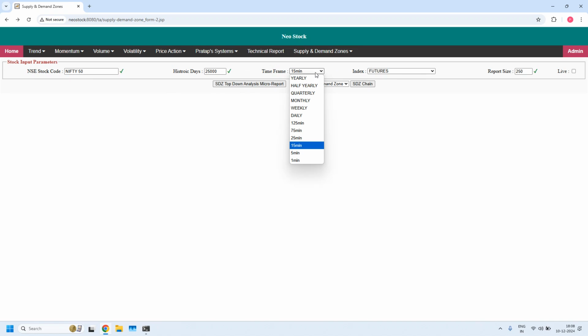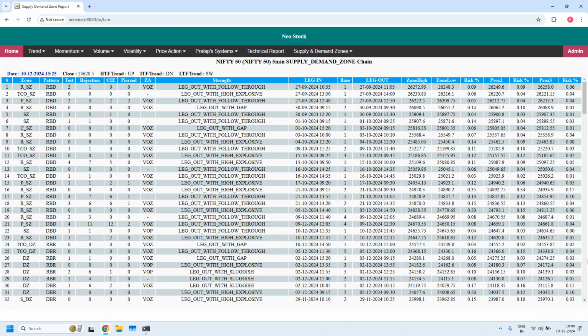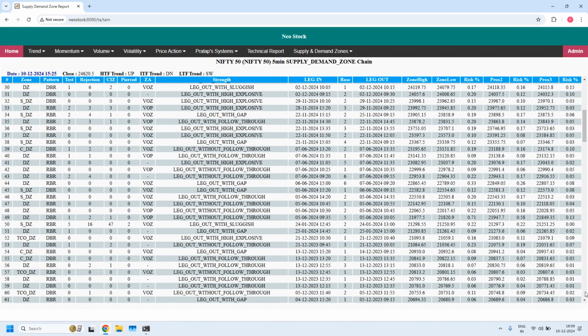Next, NIFTY 5 minutes supply demand zone chain. If you want to look into more demand zones, I am scrolling the list down. Okay, this is about NIFTY supply demand zone chain.